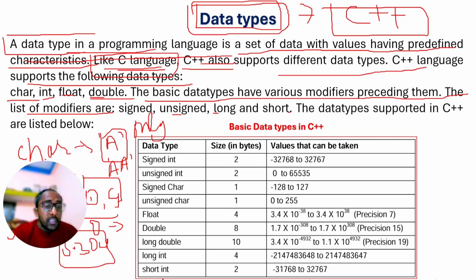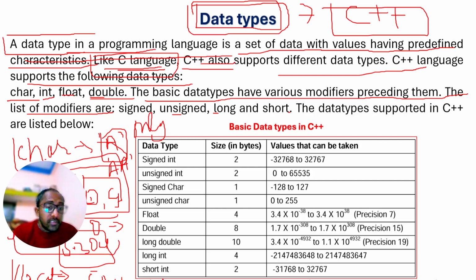Double is used if you want many digits after the decimal, for example 5.345678. Int is for numbers, float is for decimals, char means characters, and double is if you want to add many digits after the decimal.